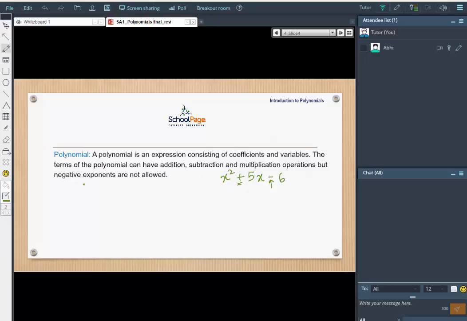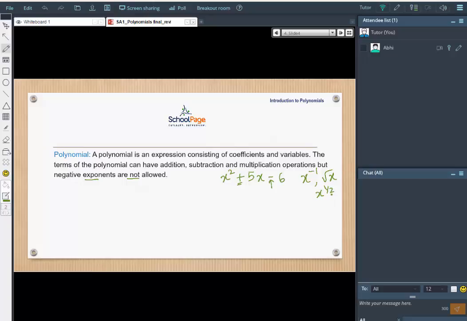Now, what do you mean by saying negative exponents are not allowed? Negative exponents. Minus is not allowed. Yeah. So, if we have the variable x raised to minus 1, then this is not allowed. What else is not allowed? Root x is not allowed, because root x you can write as x raised to half.